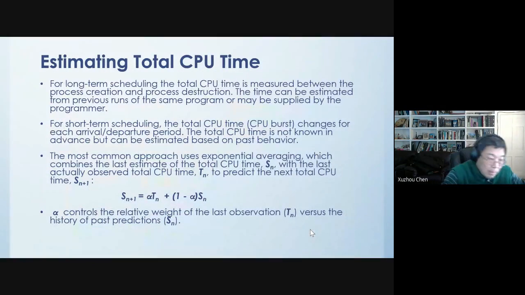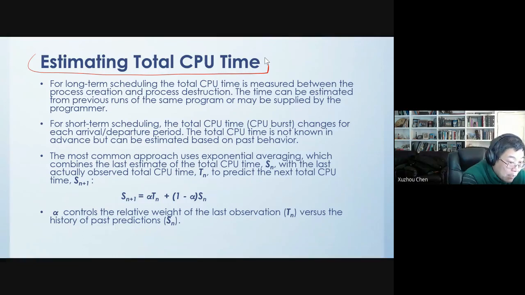Now let's talk about this in general. When we talk about how to estimate the total CPU time for each scheduling algorithm, the one we just talked about was just one run. But in reality, for each process, once the process starts, it may take some CPU time, and then it has done its job.